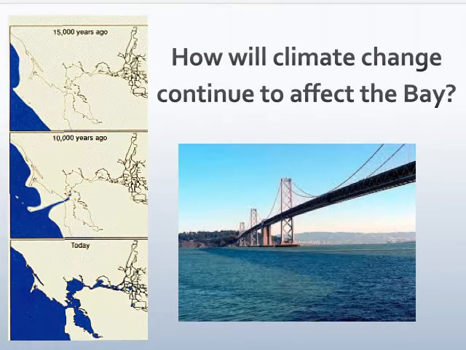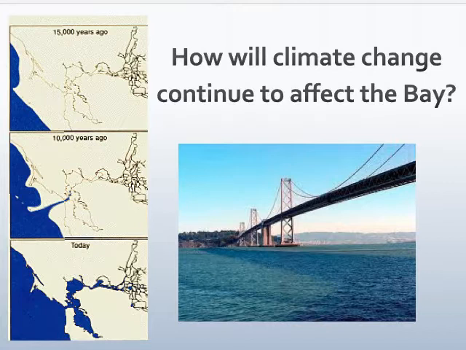So climate change has historically formed the bay, and we know now from current climate change research that bay waters are rising. And so this starts to make us think about the future and perhaps even environmental justice issues.